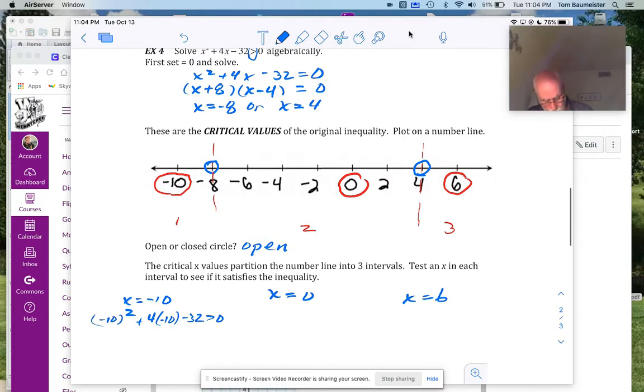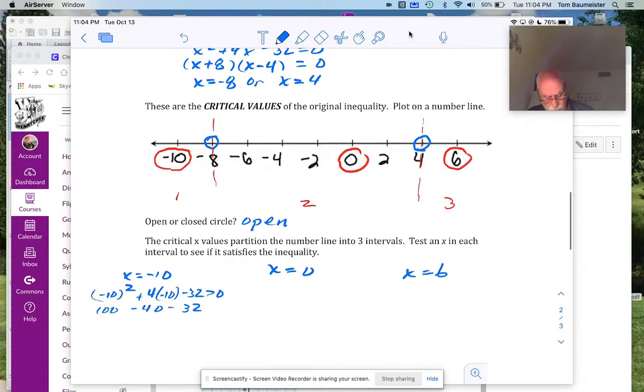If I simplify this, I'll get 100 minus 40 minus 32. If I add all of those, we'll have 28 is greater than 0. And you're going to tell me yes.